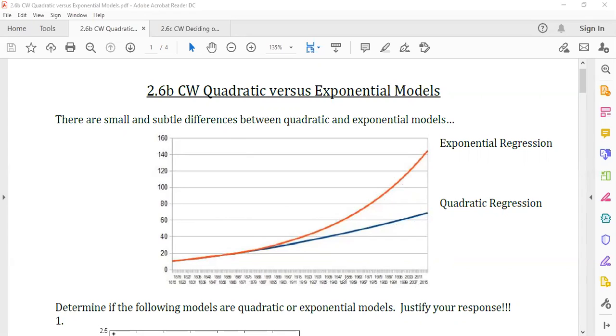If we're looking at years here, this is zoomed in to just the area where that curve happens. So exponential most definitely increases faster. It's growing much faster than a quadratic, almost like a very sharp turn.